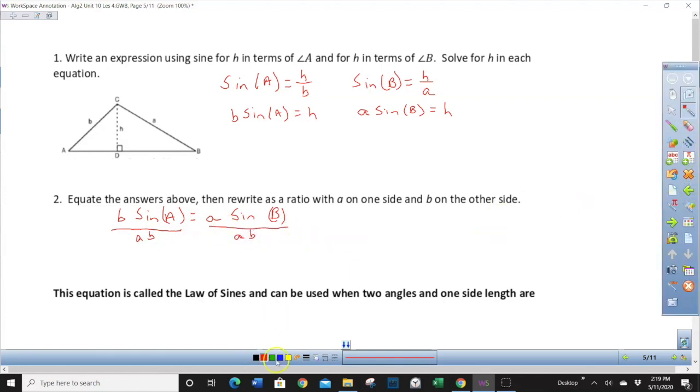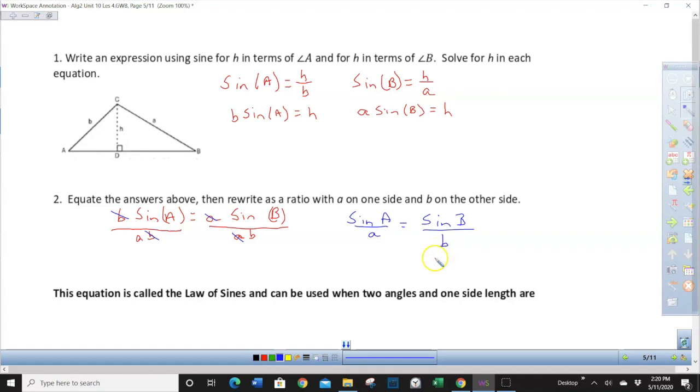If I do that, this B over B equals 1, so they divide out. This A over A equals 1, so they divide out. So I'm left with sine of A over A equals sine of B over B. Now I have the A's on one side and the B's on the other.